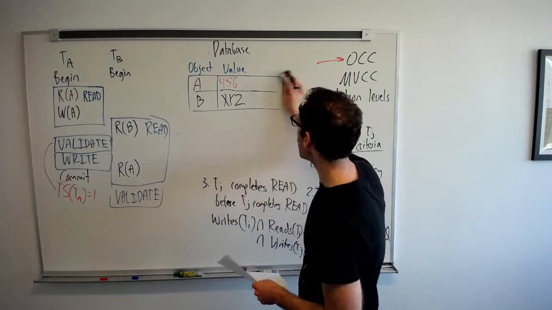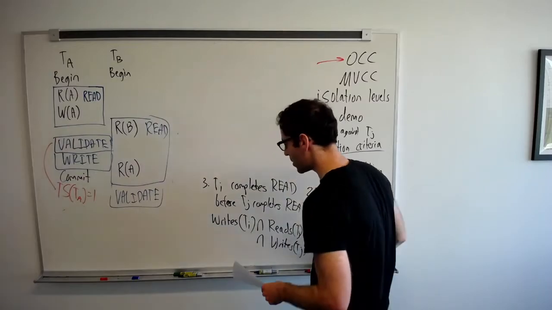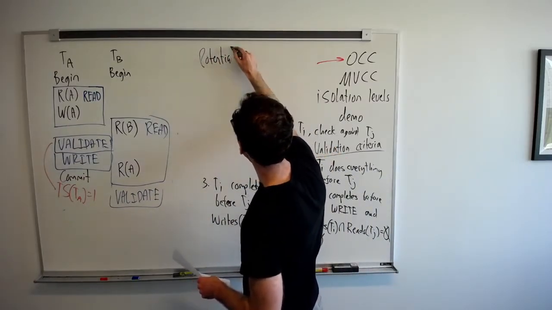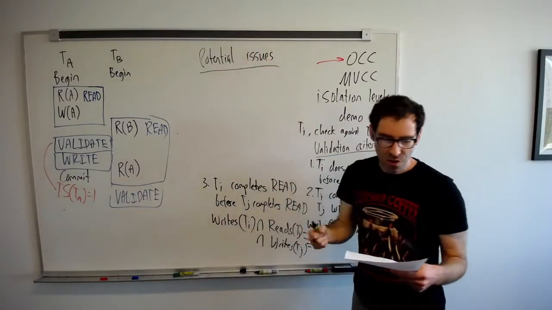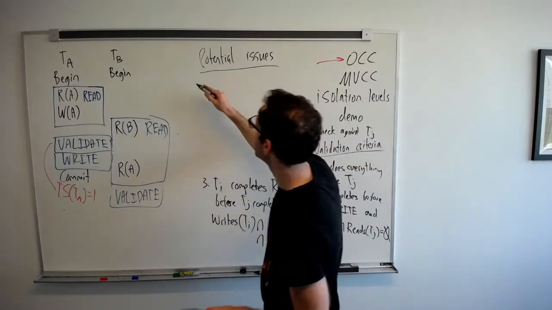So there are some potential drawbacks to this optimistic concurrency control. One of these is that we've introduced a different kind of overhead.